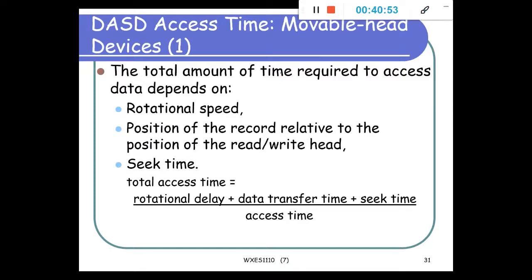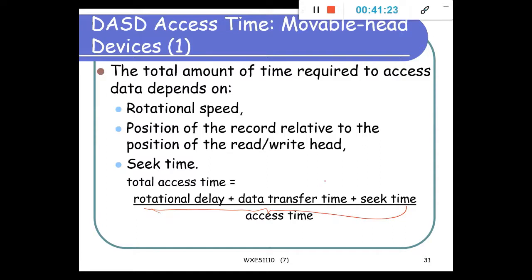For movable head devices, the total amount of time required to access data depends on rotational speed, as I mentioned, and the position of the record relative to the position of the read and write head. So total access time is rotational delay plus data transfer time plus seek time.